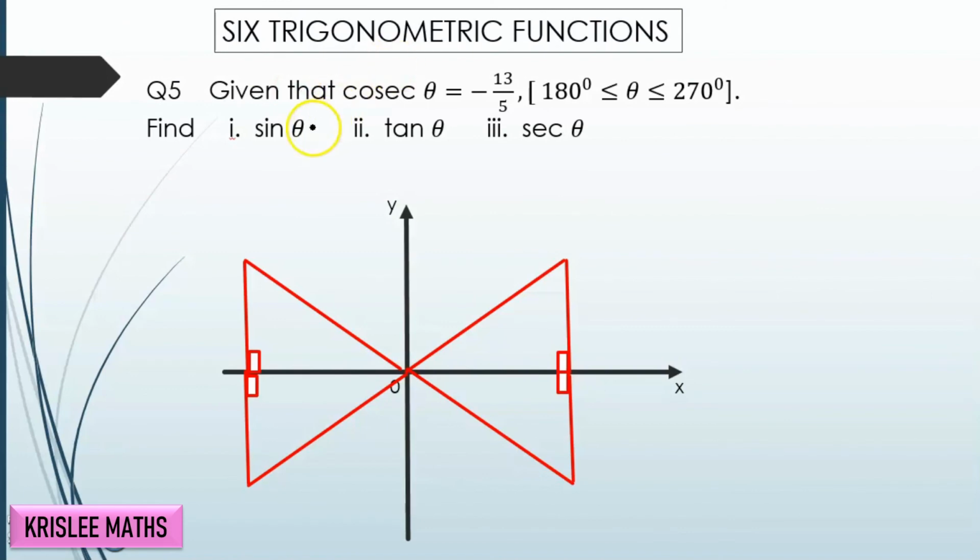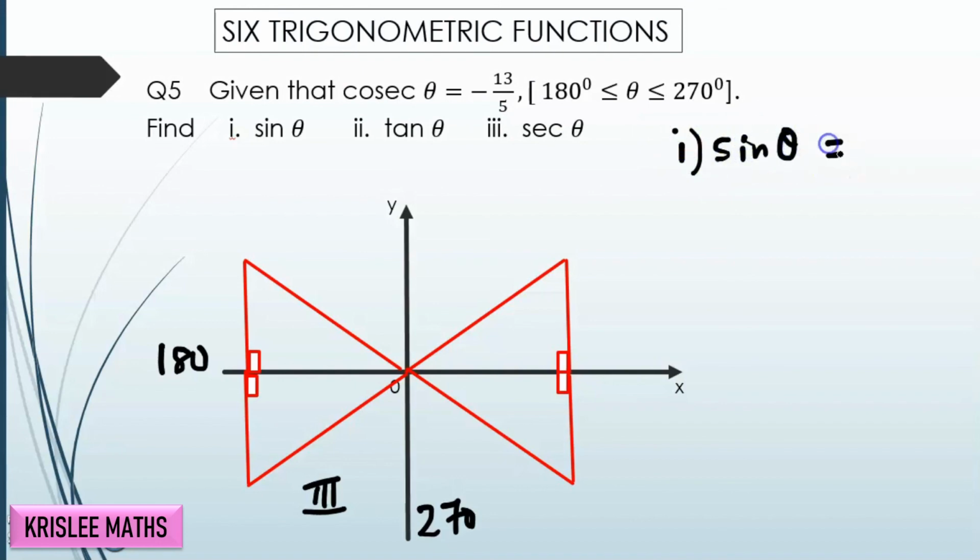Question 5, given that cosecant equals negative 13 over 5 and theta lies between 180 and 270, meaning that it is in the third quadrant. You are given cosecant theta equals negative 13 over 5. In order to find sine theta, remember sine theta equals the reciprocal of cosecant theta, that means 1 over cosecant theta.